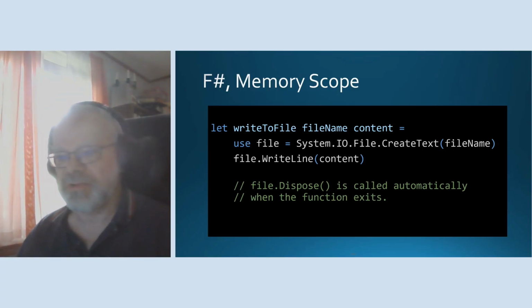We want it to be closed when we exit this function. So we could call file dispose directly in the code, but it's better to use the using statement, because if an exception happens or some other errors, the file will be closed anyway.